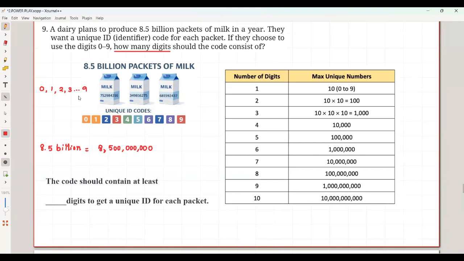That means with single digits, the maximum unique IDs I can get is only 10.